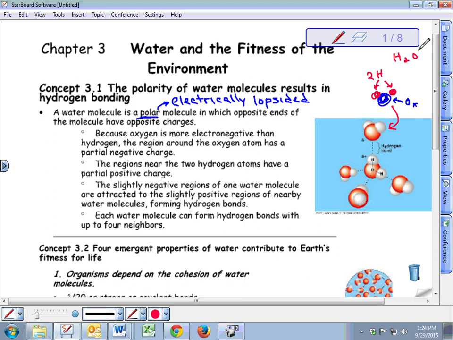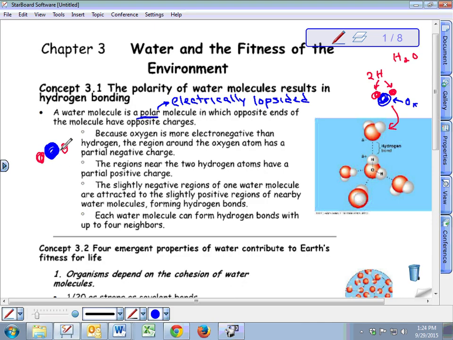Because of the way that oxygen's electrons are spaced around the atom, it would be logical to think that you've got a hydrogen here and a hydrogen here and a big oxygen in the middle, and they would be kind of even.